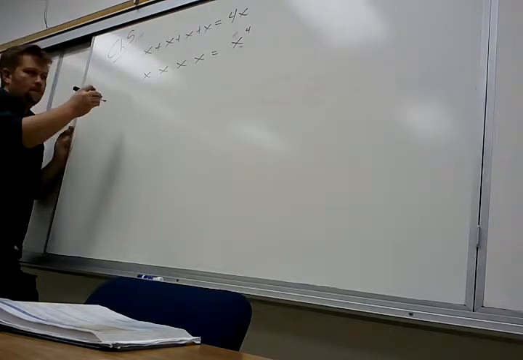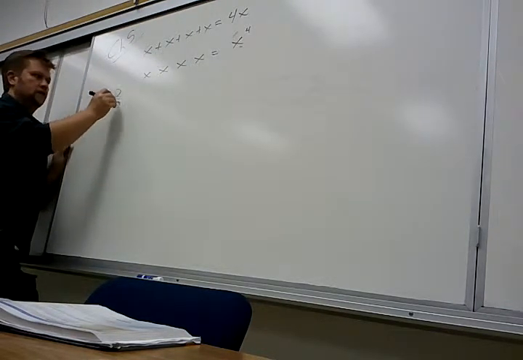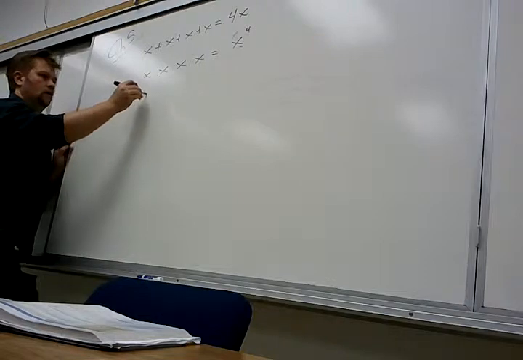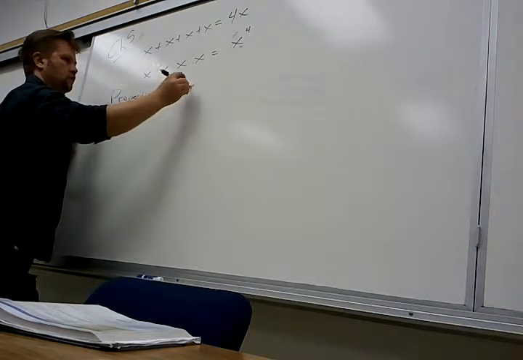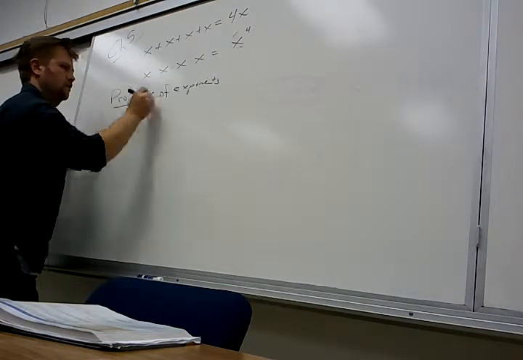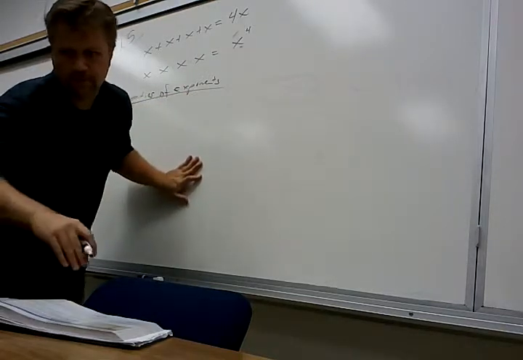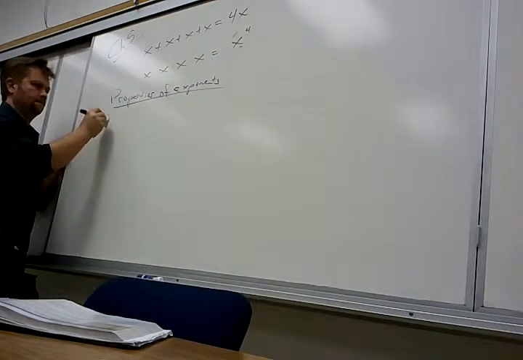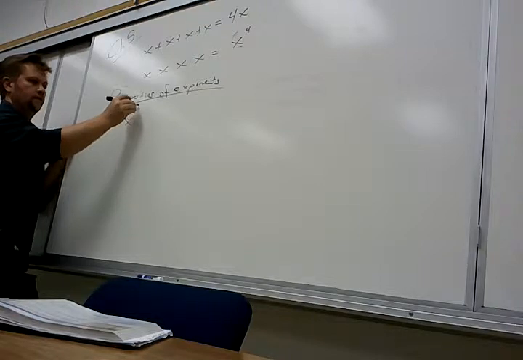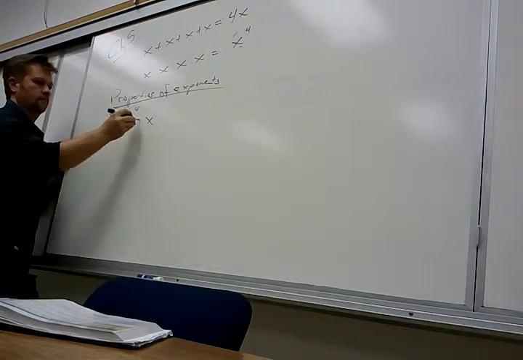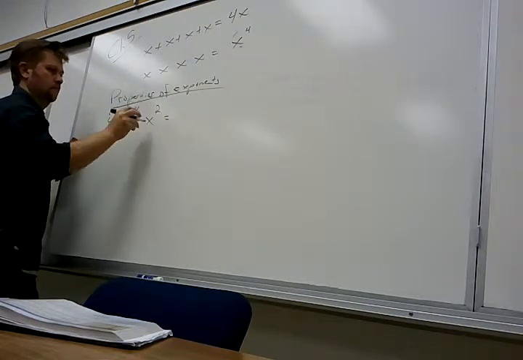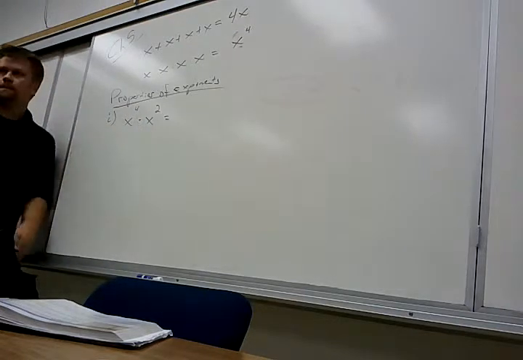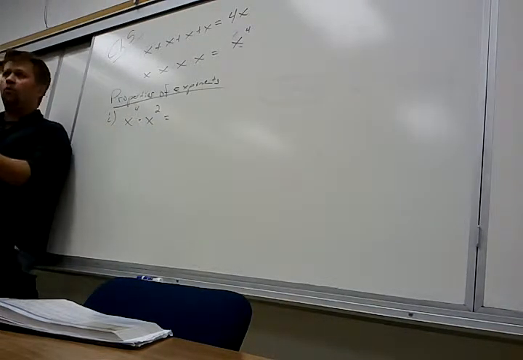So, of course, the first property of exponents then, we're going to go through all of them right here, right now. Make sure I go in the same direction. Yeah, okay, good. What would this be? Yeah, and why?